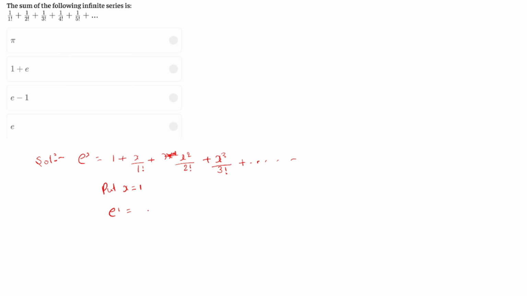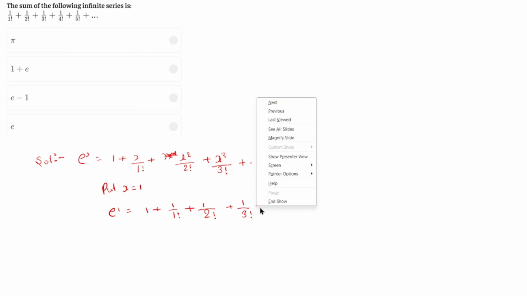e to the power 1 is 1 plus 1 by 1 factorial plus 1 by 2 factorial, because 1 whole square is 1, 1 cube is 1, plus 1 by 3 factorial, plus dot dot dot going to infinity.